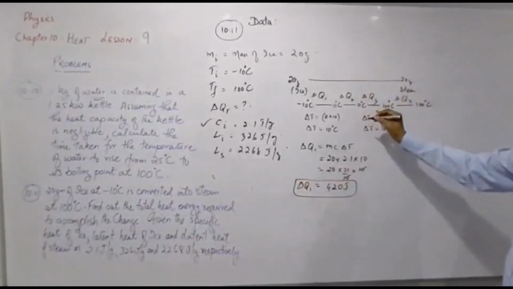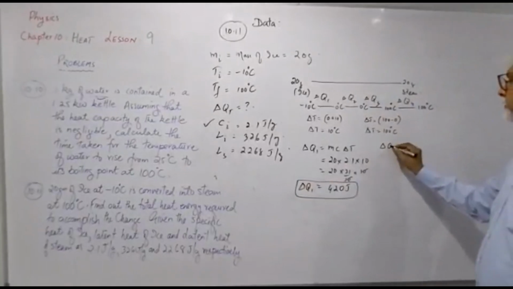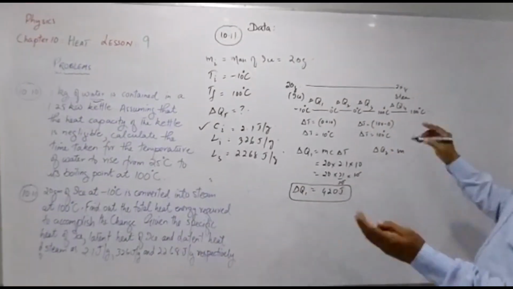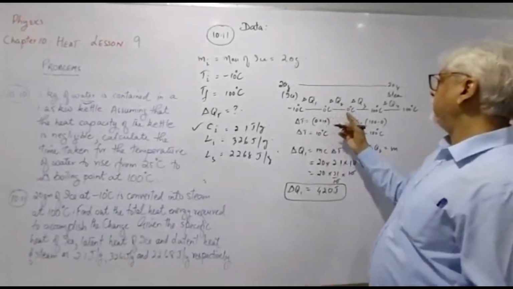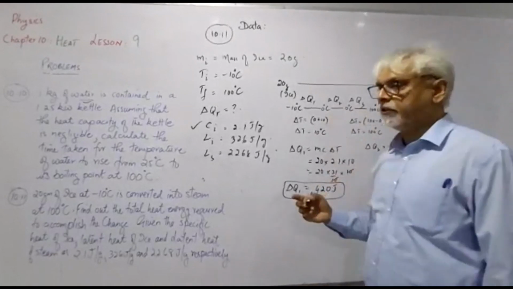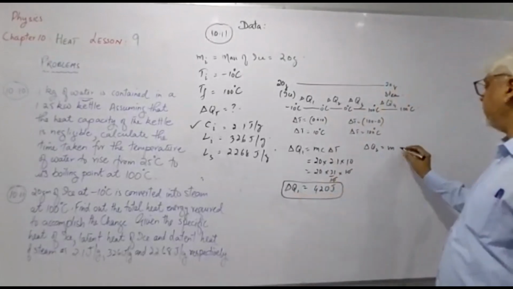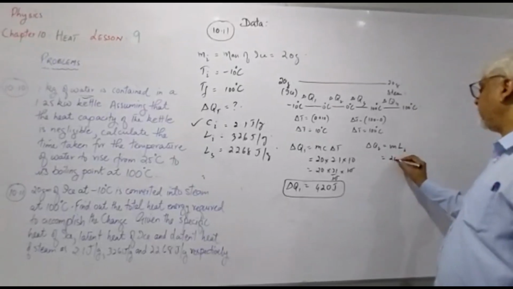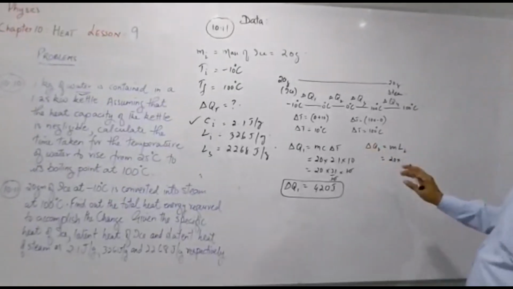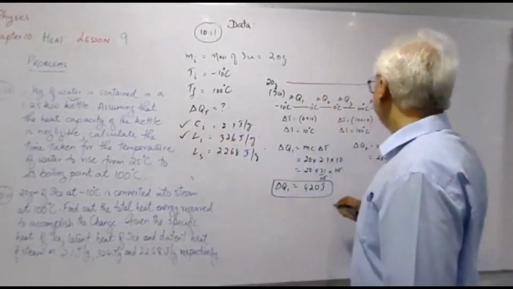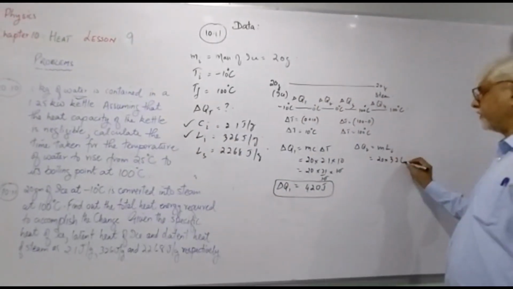And the same way, let's find delta Q2. Now there's no change in temperature, but since it's changing from one state to another without a change in temperature, you have the latent heat of ice over here. Mass is 20 grams. The amount will remain the same throughout the whole process, that is 20 grams. And the latent heat of ice is 326.